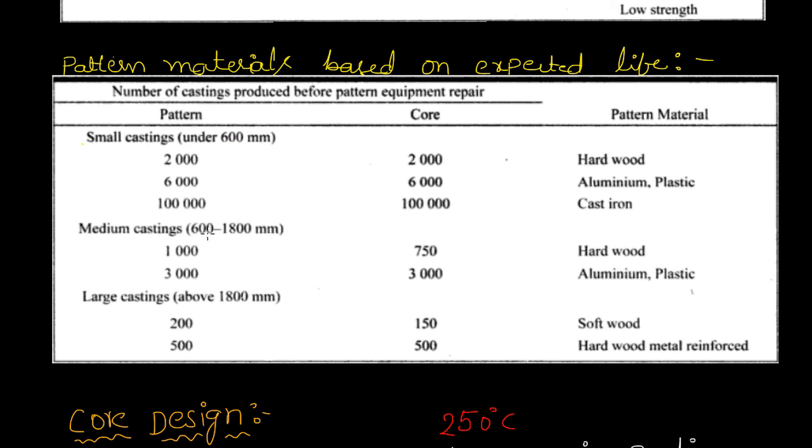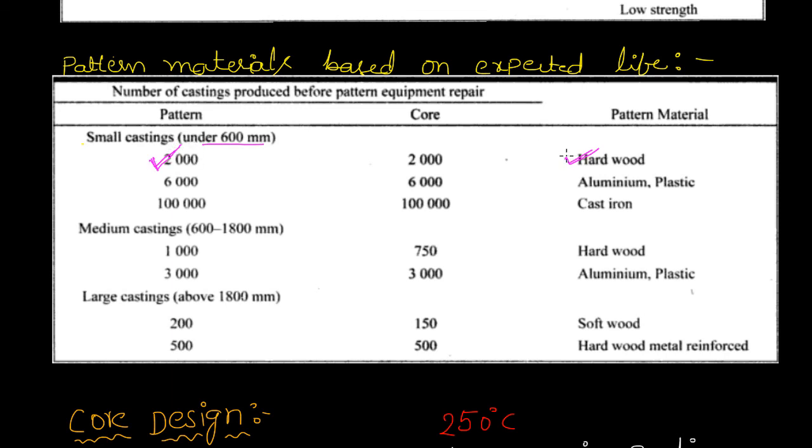I said earlier also, we use metallic patterns if we want to produce a large number of castings. We use hardwood pattern material for producing more than 200 castings. Hardwood pattern is used to produce 2000 castings without using another type of pattern.